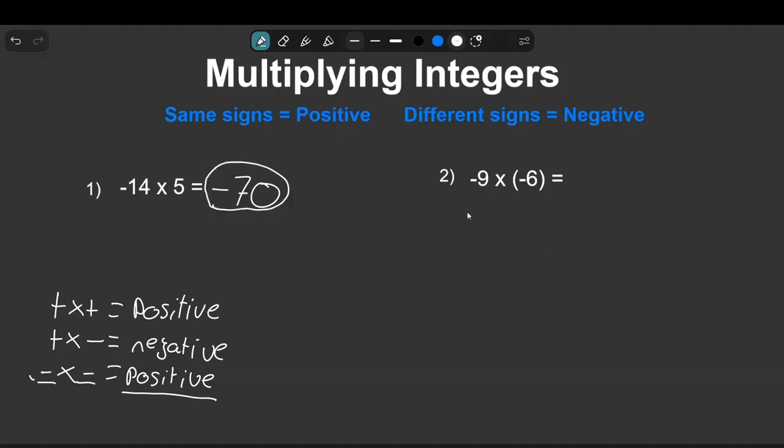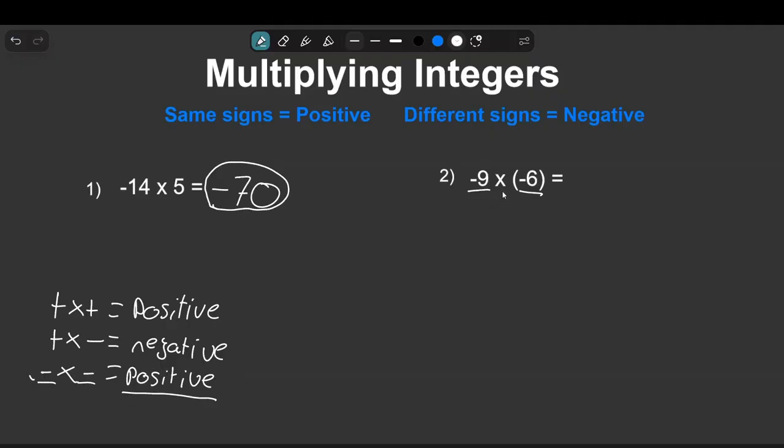So let's go over to the second one. For the second one, we have minus 9 times minus 6. So we have two negative numbers. Two negative numbers multiplied by each other will mean positive. As we can see here, negative times a negative equals positive.